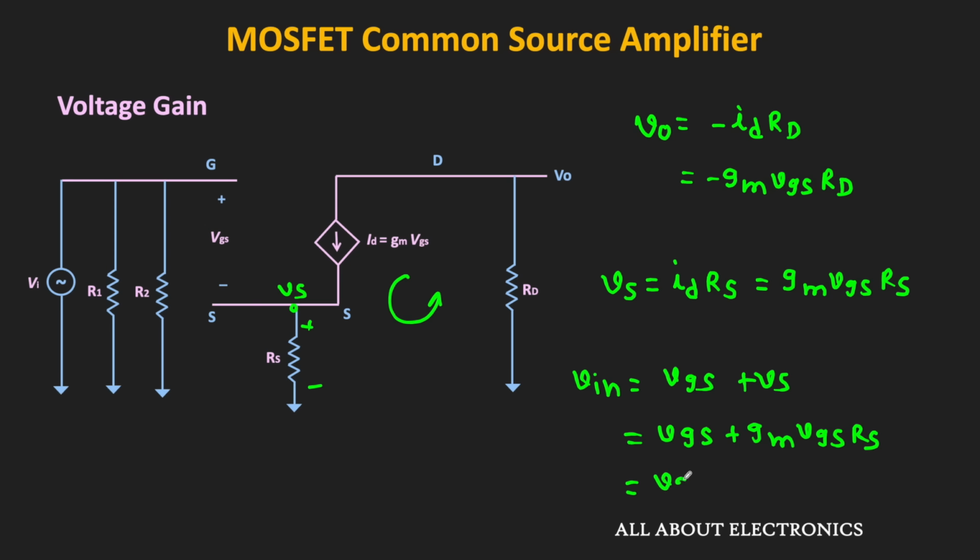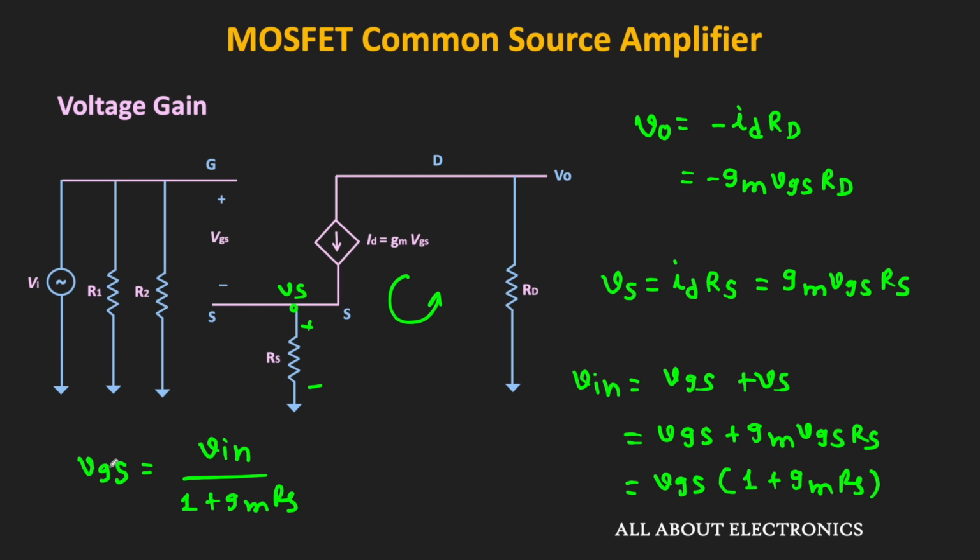That is equal to VGS times (1 plus gm times RS). Or from this we can say that this voltage VGS is equal to Vin divided by (1 plus gm times RS). So in this way, we found the relationship between the voltage VGS and the input signal.